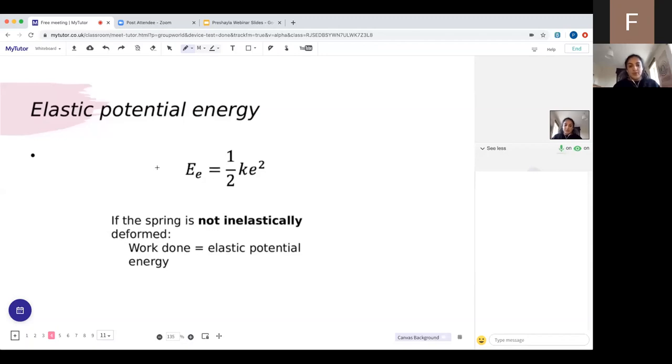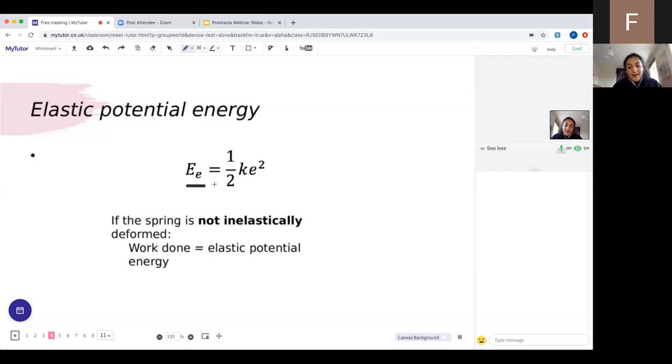So we have an equation for elastic potential energy. So on the left we have elastic potential energy, which is a big E with a subscript little e, so a little e kind of down below, equals a half ke squared. Now k and e have exactly the same meaning as they do in Hooke's law.